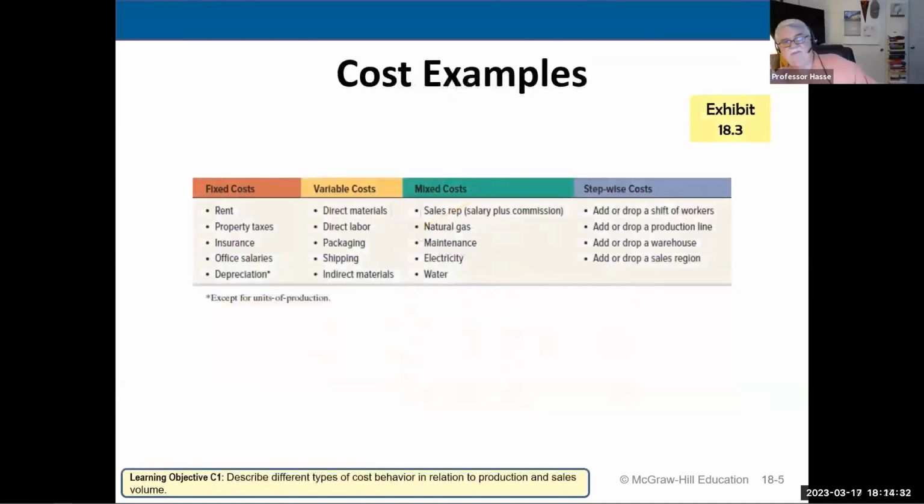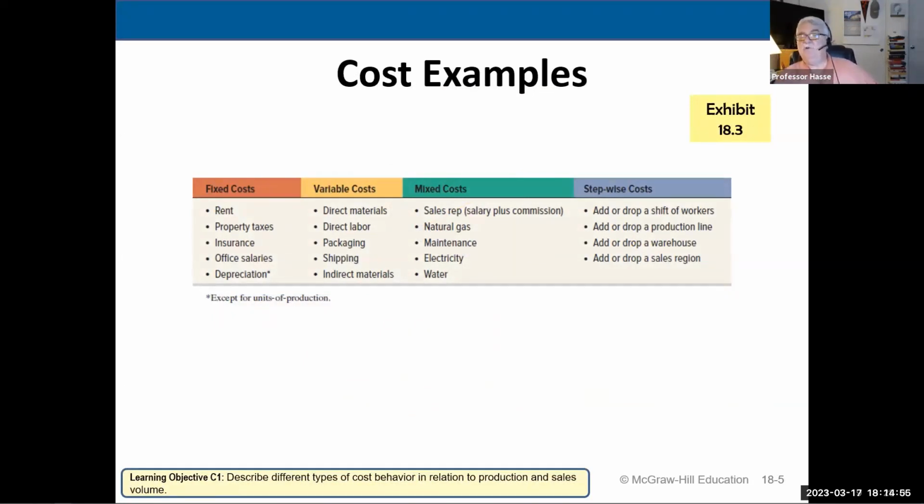So again, here's some examples. Do not worry about mixed or stepwise costs. We're not going there. We're just citing what are variable and fixed costs. Notice all our manufacturing costs, the materials, labor, are variable. Packaging, shipping, indirect materials.